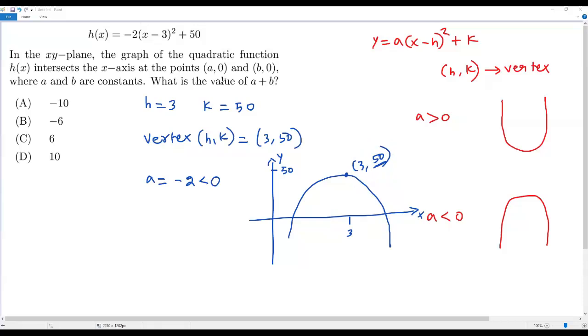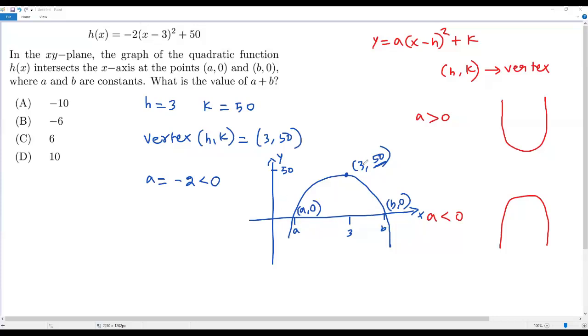And also let's consider the two x-intercepts, the 2 points where the parabola intersects the x-axis. The first point is (a, 0). So we have to mark a over here, that means (a, 0), and b over here, that is (b, 0). So these are the 2 points where the parabola of the given quadratic function intersects the x-axis.